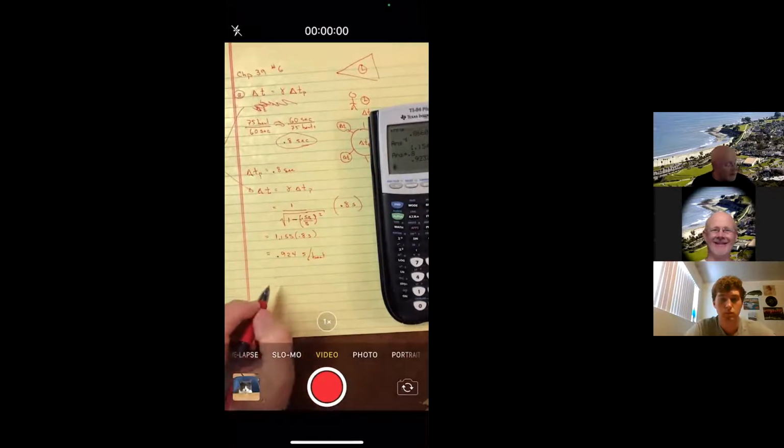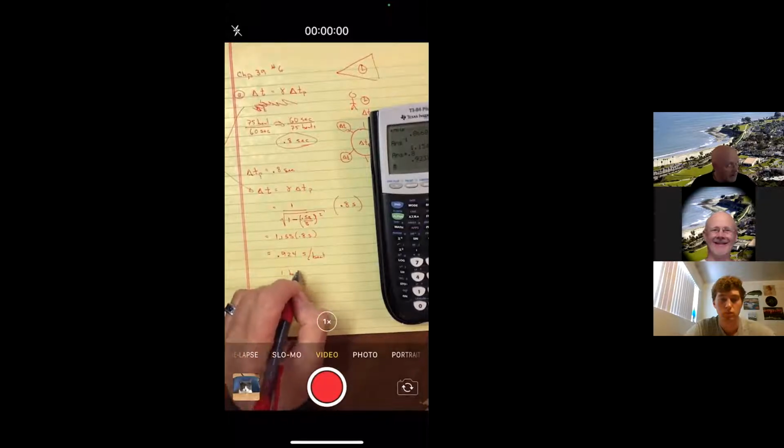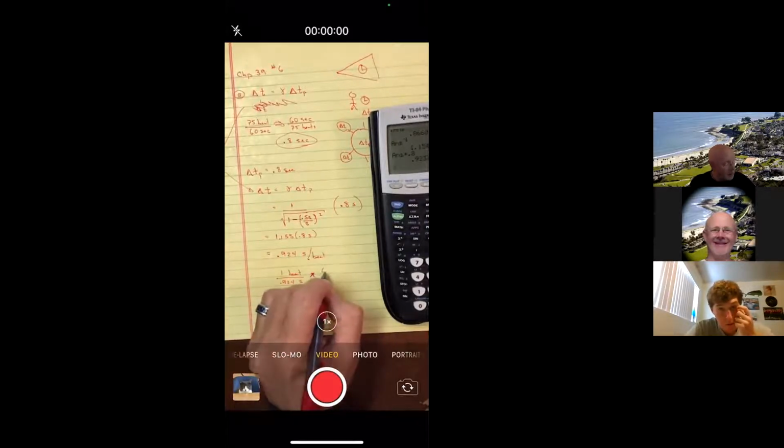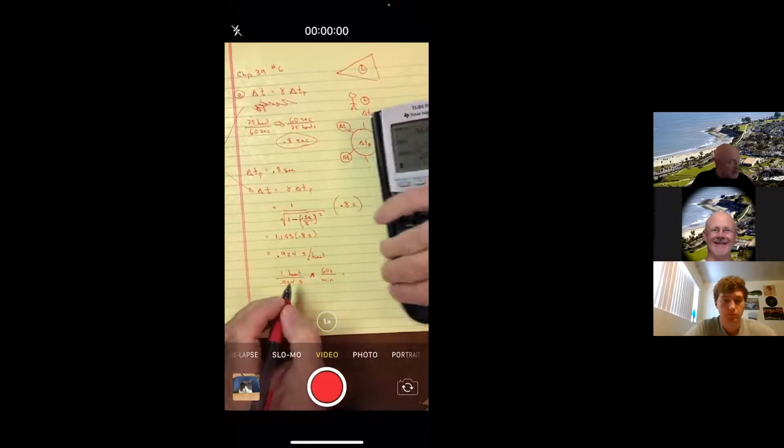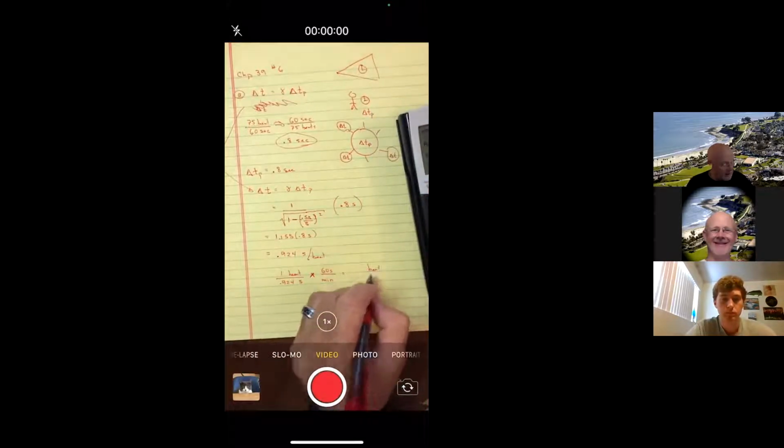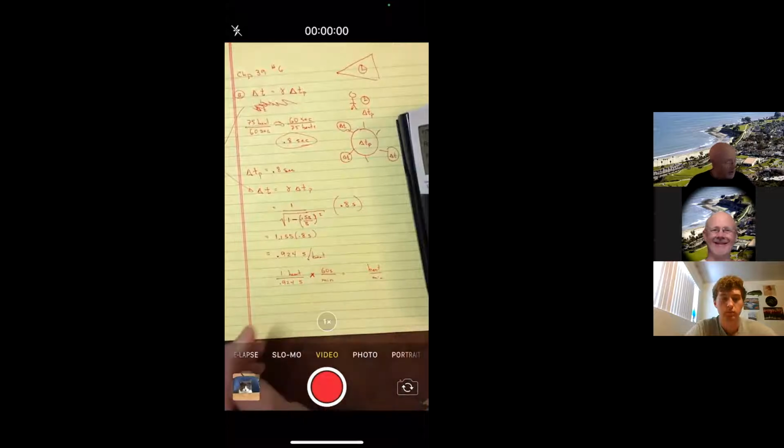So we take the reciprocal to get a rate, meaning one beat in 0.924 seconds. And then multiply by 60 seconds in a minute to give us the number of beats in a minute.